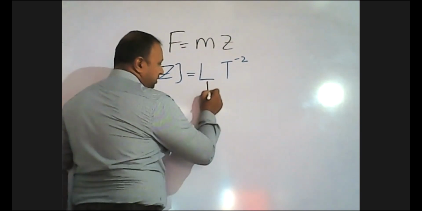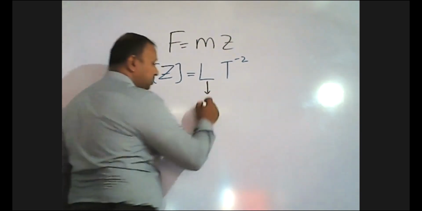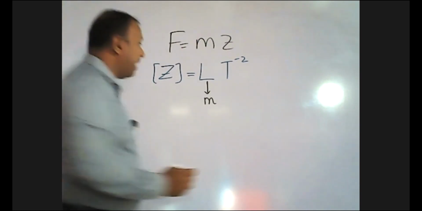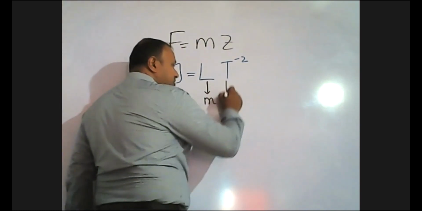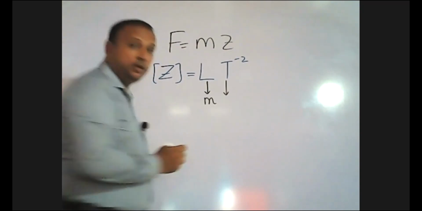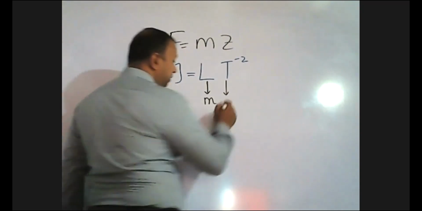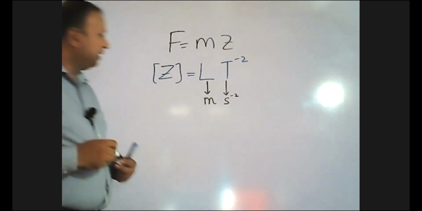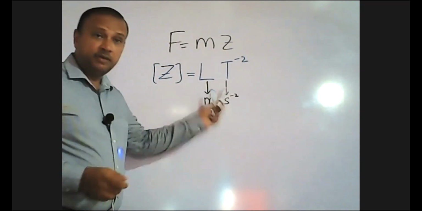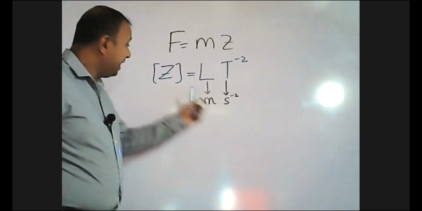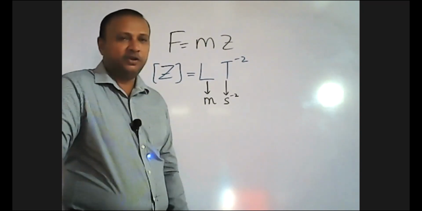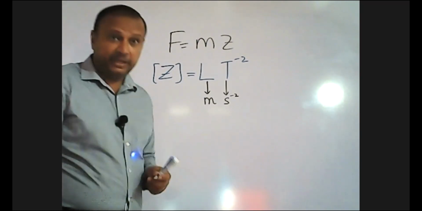We can measure length using the SI unit meter, and we can measure time using the SI unit second. So ms^-2 is the SI unit of Z.